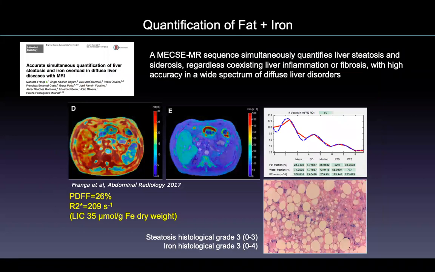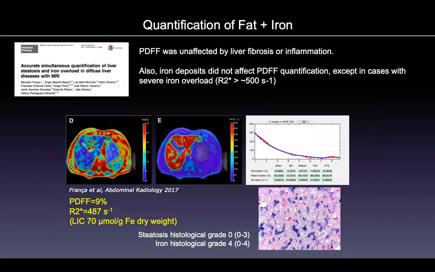So in a study with more than 100 patients, we reported that we can use these multi-echo sequences to simultaneously quantify steatosis and siderosis with a high accuracy in a wide spectrum of diffuse liver diseases and regardless the coexistence of liver inflammation or fibrosis.